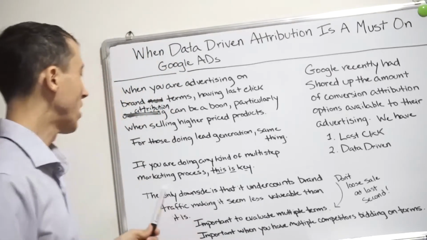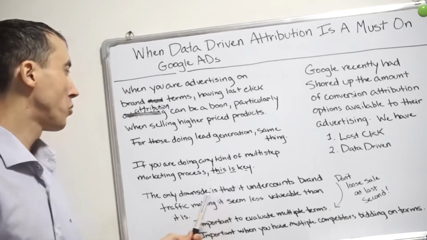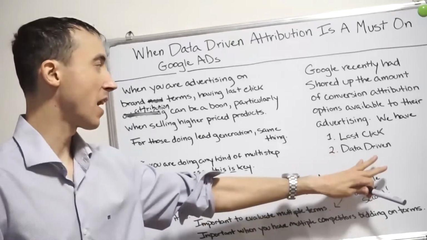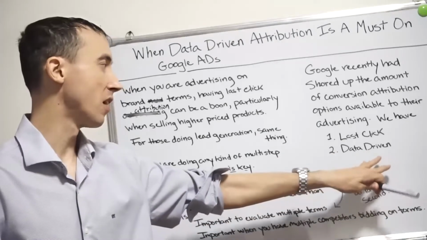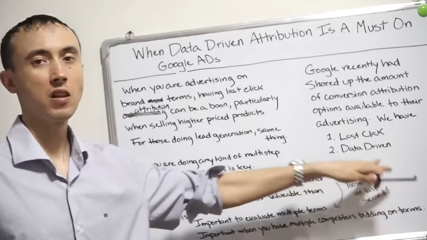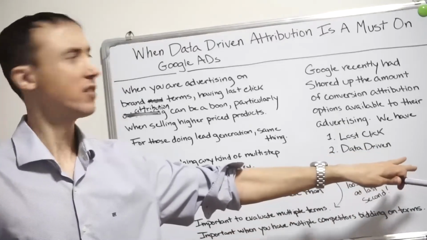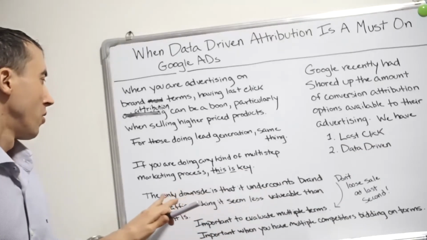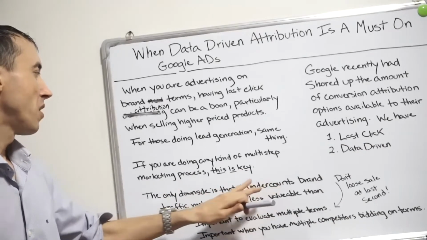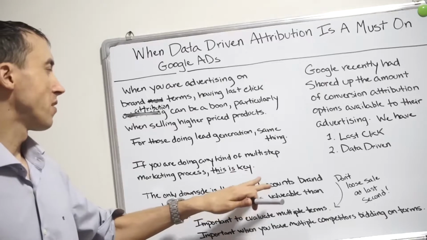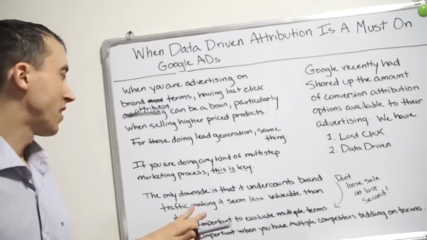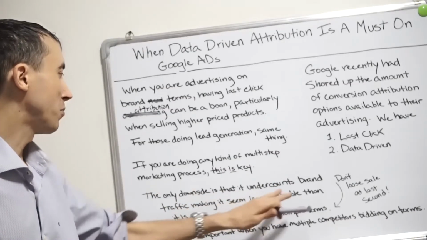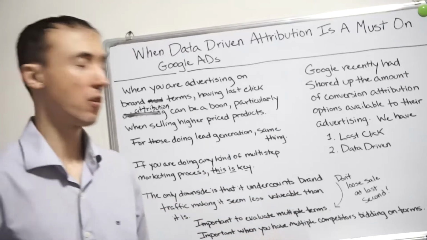The other thing to mention, the only other downside, as I mentioned, on this video, to the data-driven here. So you might be saying, well, why would you ever use last click? The only downside to the data-driven attribution type is it undercounts brand traffic itself, making it seem less valuable than it actually is. Okay?